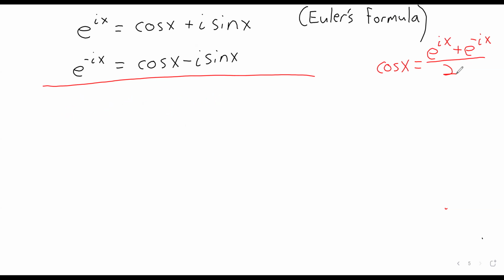If instead of addition, we did some subtraction, e to the ix minus e to the negative ix equals the cosine minus the cosine goes away. Here we have minus a negative.